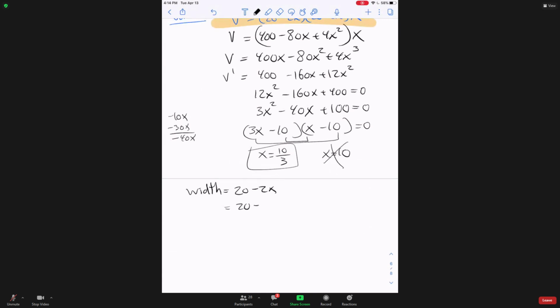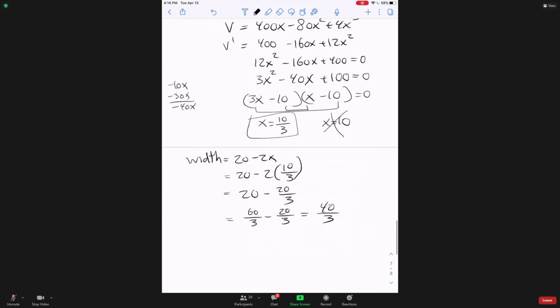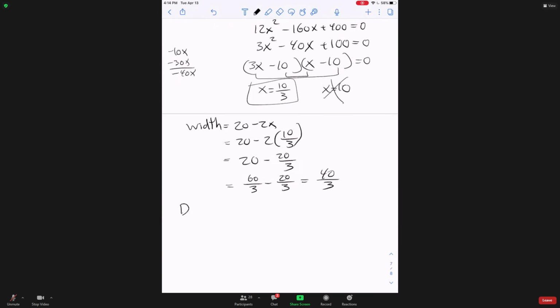So 20 minus 2 times 10/3. That's 20 minus 20/3, which is 60/3 minus 20/3, which would be 40/3. And the length would be the same thing. So the dimensions of the box will be 40/3 by 40/3 by 10/3 inches.